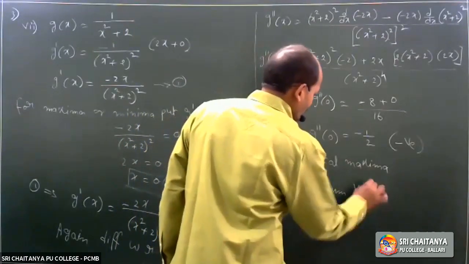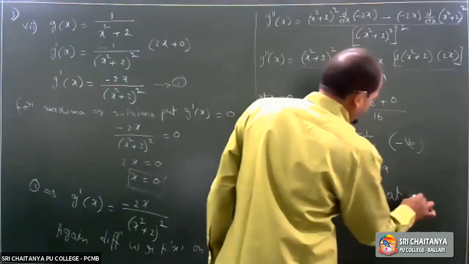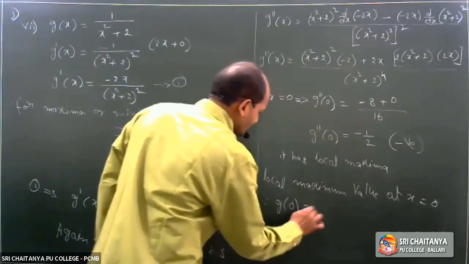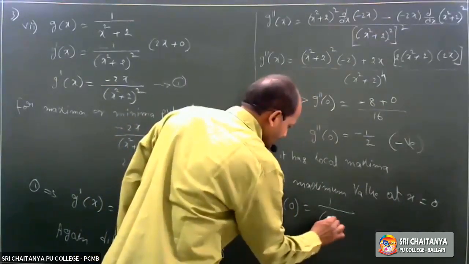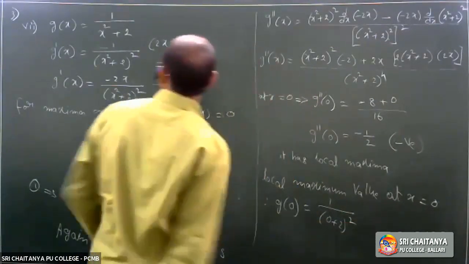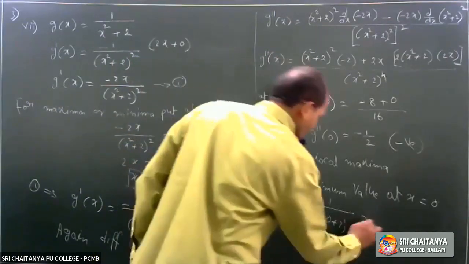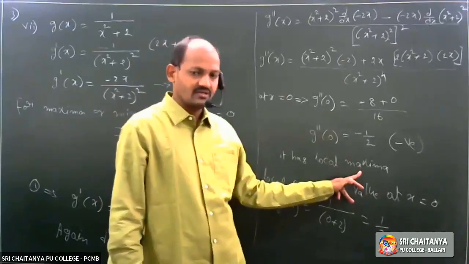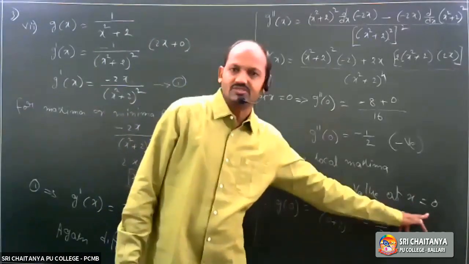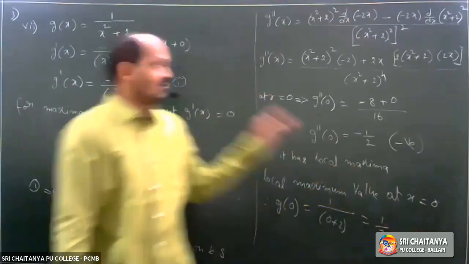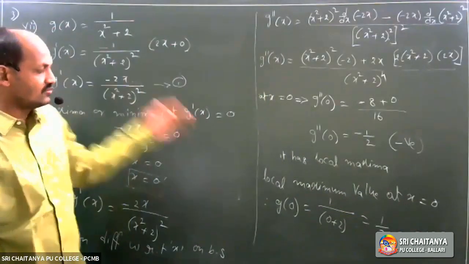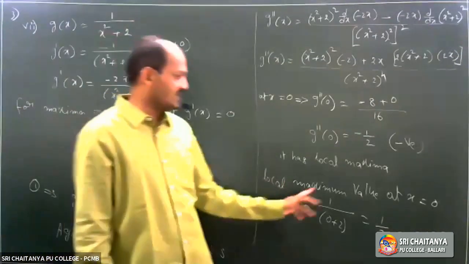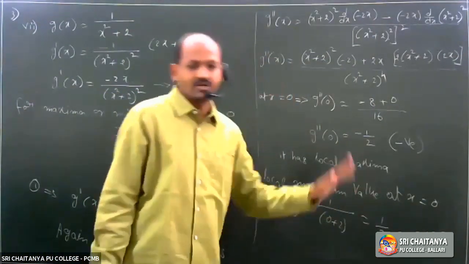Therefore, g of 0 is equal to 1 divided by (0 plus 2) whole square, that is, 1 by 2. So the function has a local maximum at x equal to 0, and the local maximum value is 1 by 2.